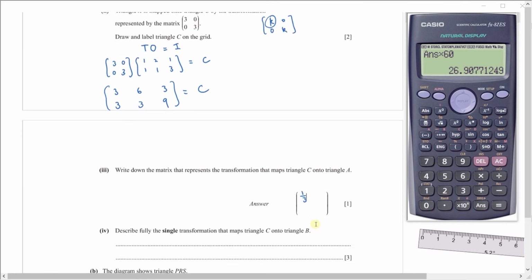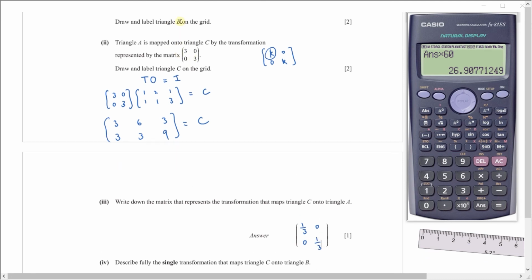So your matrix here will be 1/3 0 0 1/3. This matrix 3 0 0 3, which takes you from triangle A onto triangle C, is an enlargement with center origin and scale factor 3. So to come back from C to A, you do the same enlargement but with the reciprocal scale factor. So your scale factor in that case will be 1 by 3.